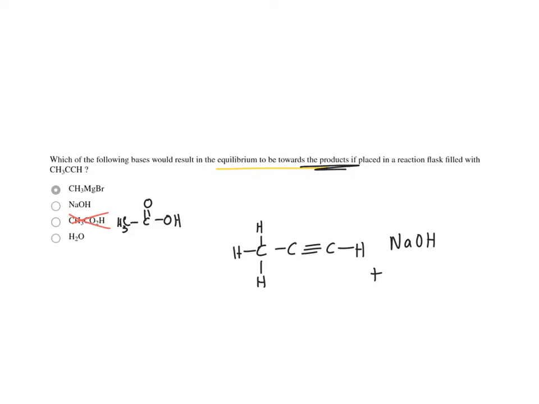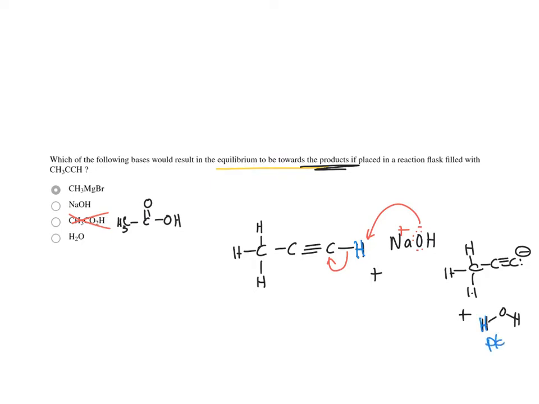Water is not as strong as sodium hydroxide, so let's just see what sodium hydroxide would do. These electrons here would deprotonate, and then you would get your compound here, and you would get water. So if you want to, we can make this blue here.